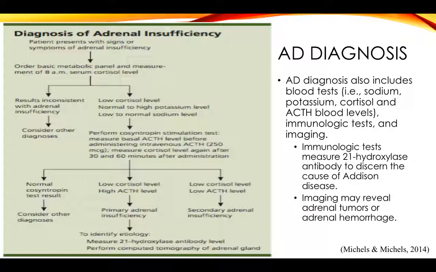We can also use an immunologic test to measure the 21 hydroxylase antibodies to distinguish the cause of Addison disease. We can also use imaging, for example, to see if there are tumors or hemorrhage in the adrenal glands, pituitary gland, or hypothalamus.